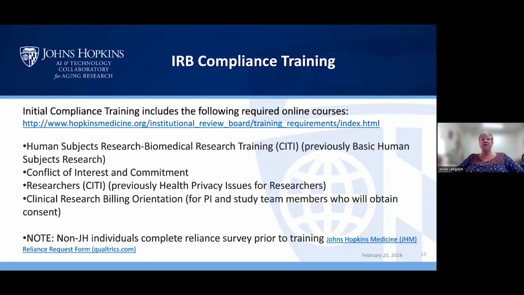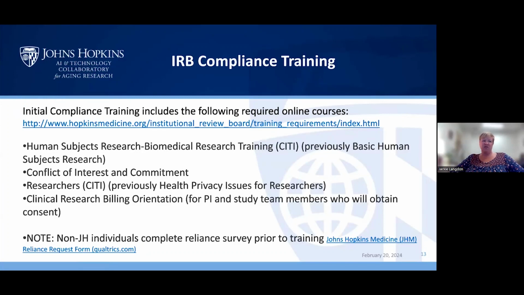I mentioned the IRB compliance training earlier for all principal investigators or staff working in human subjects research. Here, we've listed the link to what Hopkins requires. The basic classes are human subjects research, which is administered through a third party, CITI.